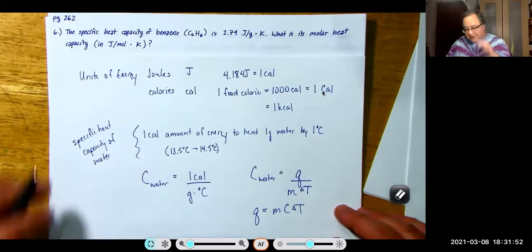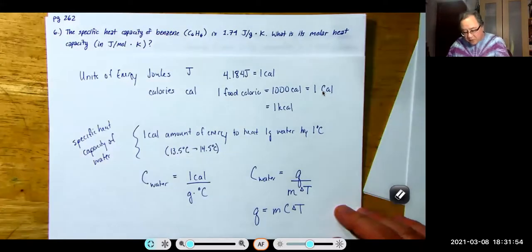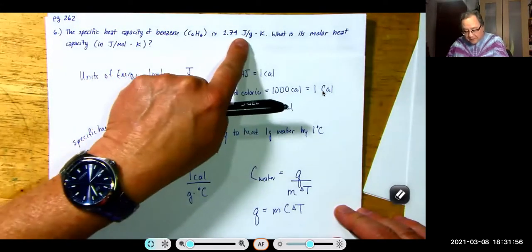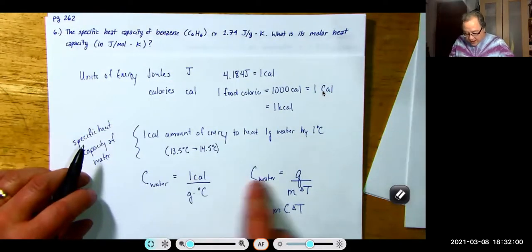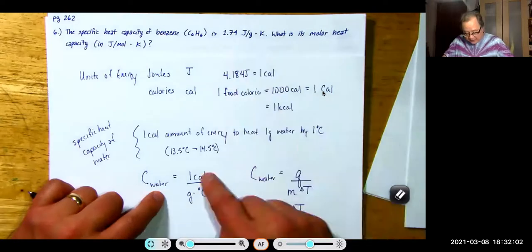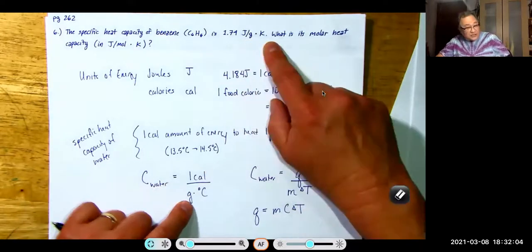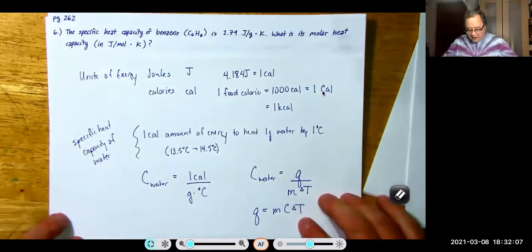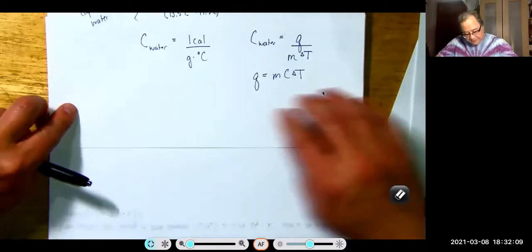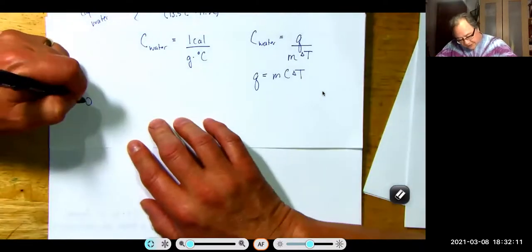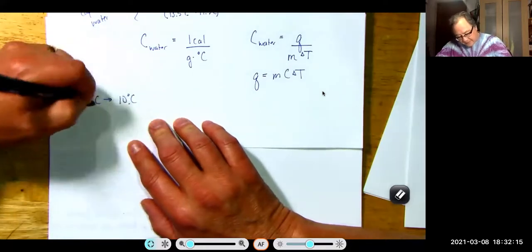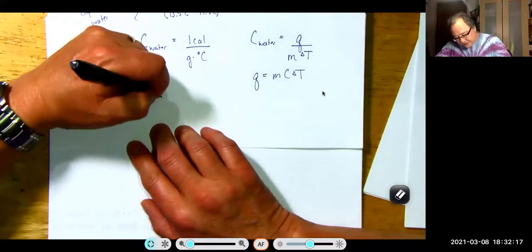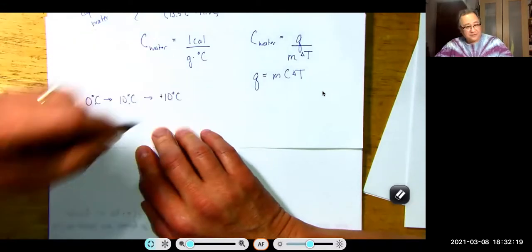Now we have the specific heat capacity of benzene is 1.74 joules per gram K. The other thing I want to show you is we do have energy on top here, grams on the bottom, and change in temp on the bottom. If you go from 0 degrees Celsius to 10 degrees Celsius, that's a plus 10 degree change.